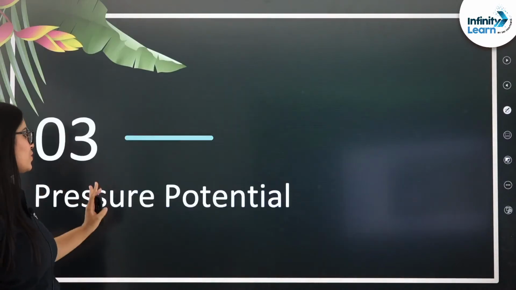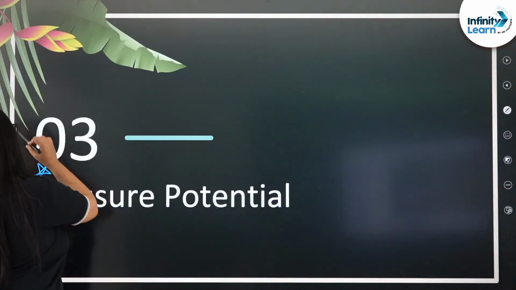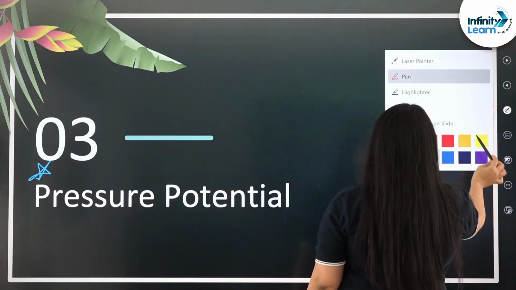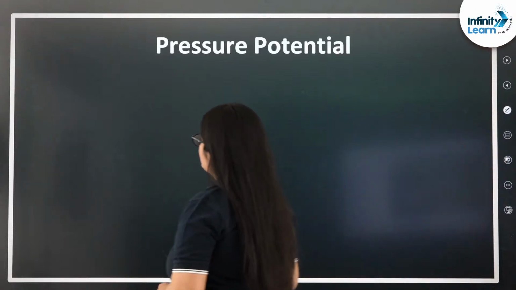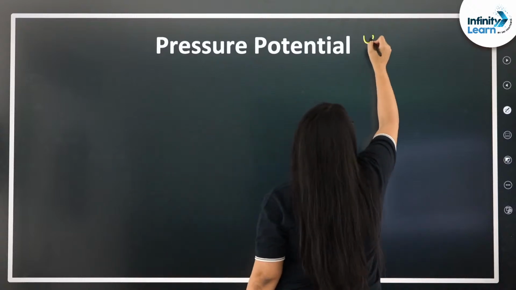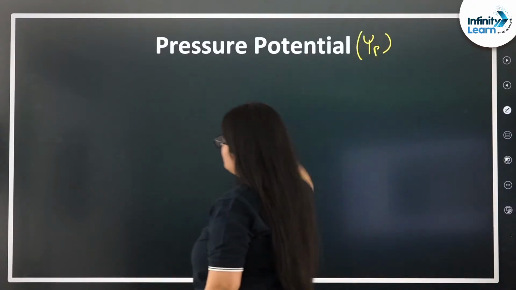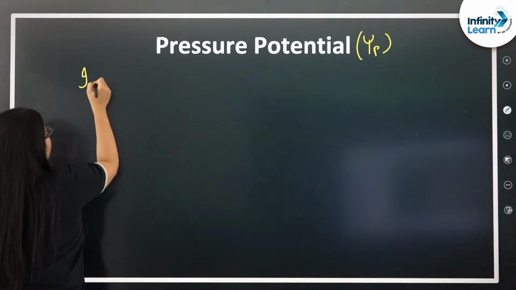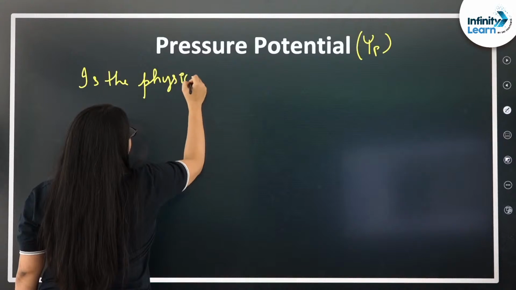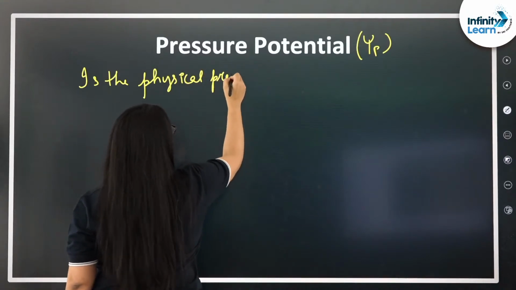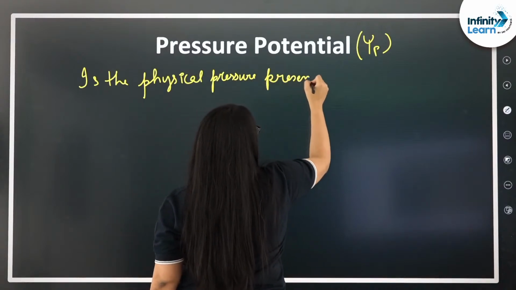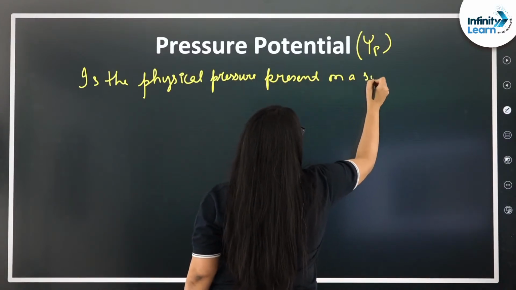Next thing we need to understand is what is pressure potential. Very simple, it will take 2 minutes to explain, right? So what is pressure potential, my students? Pressure potential is expressed in terms of psi p. Pressure potential is the physical pressure present on a solution.